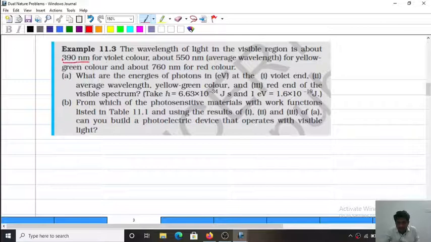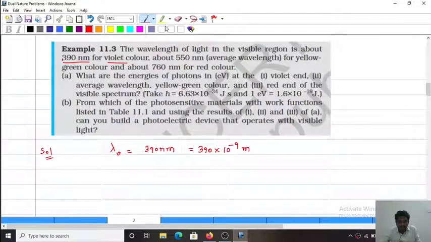390 for violet. Solution: for violet color, the wavelength lambda V equals 390 nanometers, that is equal to 390 into 10 power of minus 9 meters.